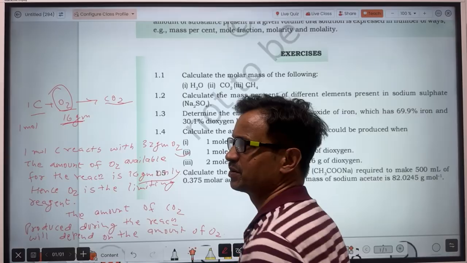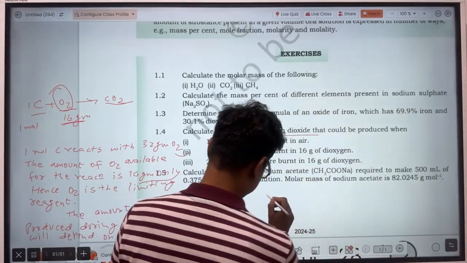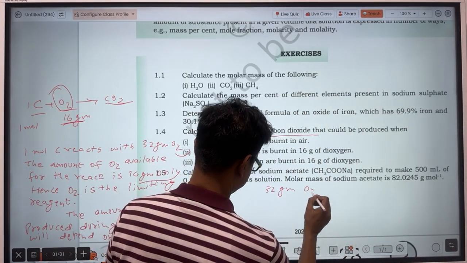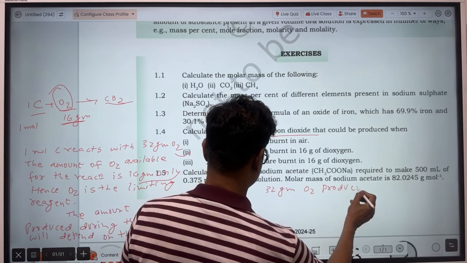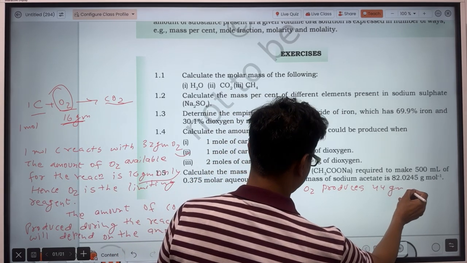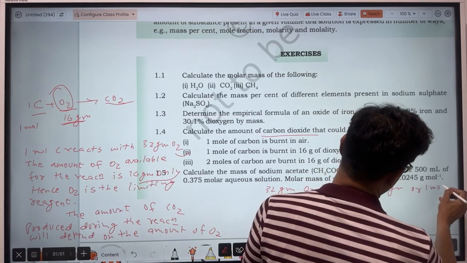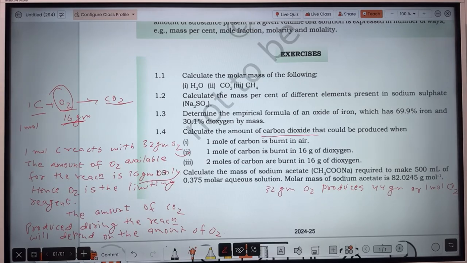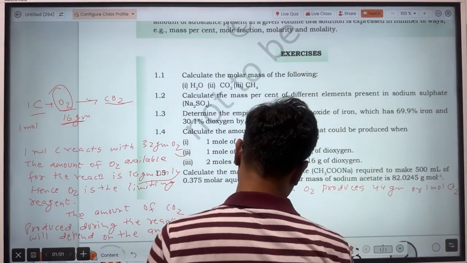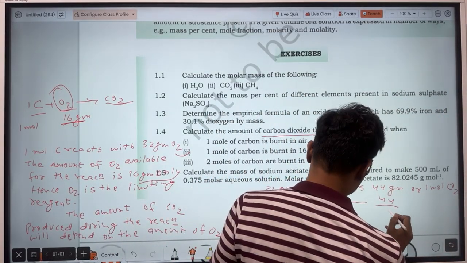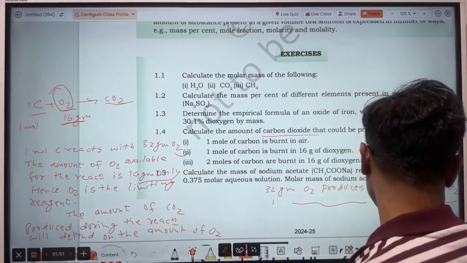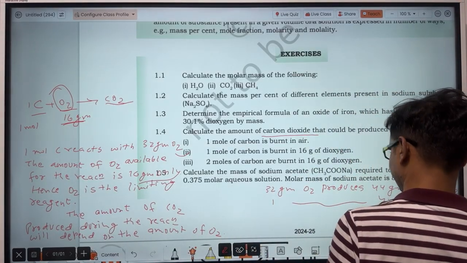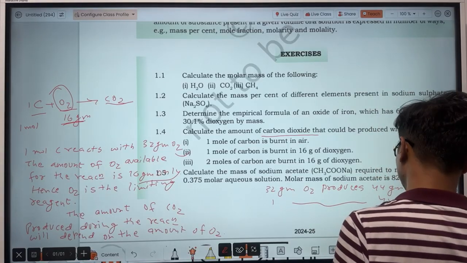So 16 gram of oxygen will produce how much CO2? 1 gram will produce 44 upon 32, or 1 upon 32 mole, so 16 gram will produce half mole.